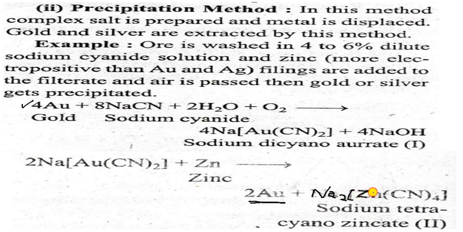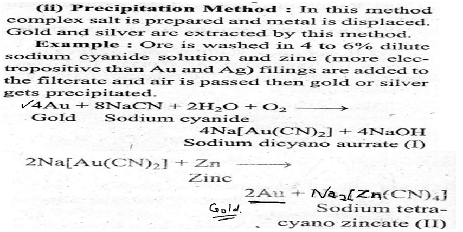The reaction is here. Gold Au plus 8NaCN, that is sodium cyanide, and water, and oxygen is passed. It forms sodium dicyanoaurate, that is 4NaAu(CN)2 and 4NaOH. Now this sodium dicyanoaurate reacts with zinc to form gold.